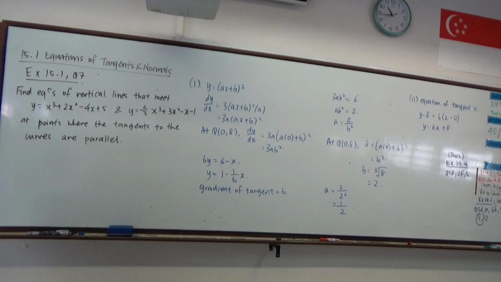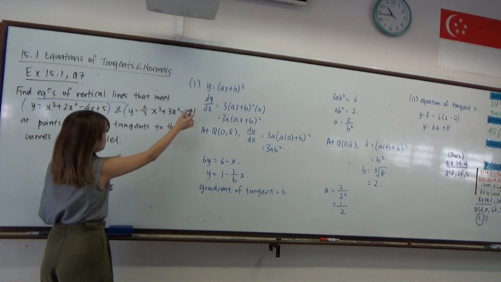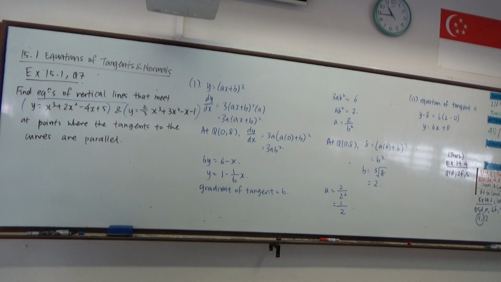Let's understand this question first. The question wants you to find equations of some vertical lines that meet two curves. There's one curve here and then another curve here, at points where the tangents to the curves are actually parallel to each other.